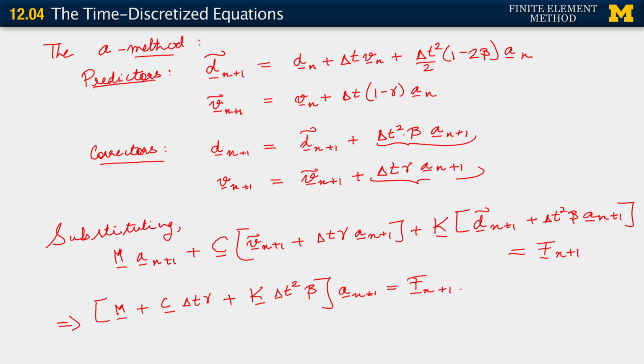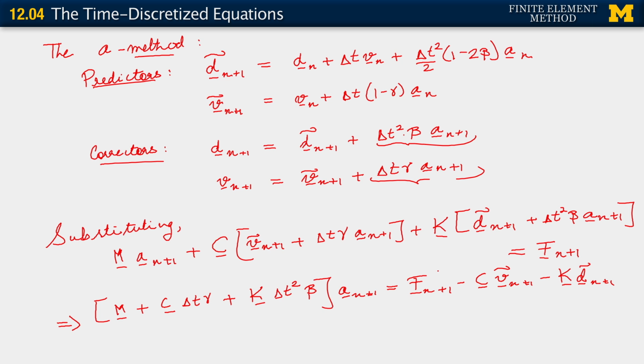It's because the predictors are known, right? They depend only upon the solution at n, which we always assume we know when we construct these time-stepping algorithms. So we get minus c v n plus 1 tilde minus k d n plus 1 tilde. All right, that's our method.